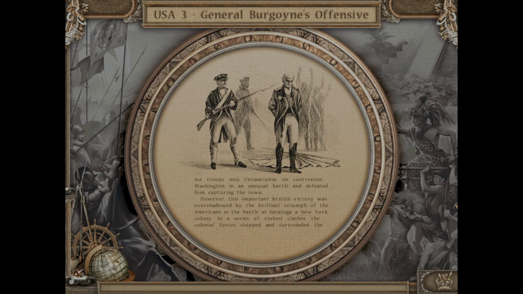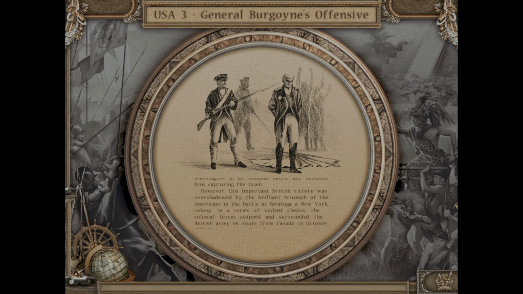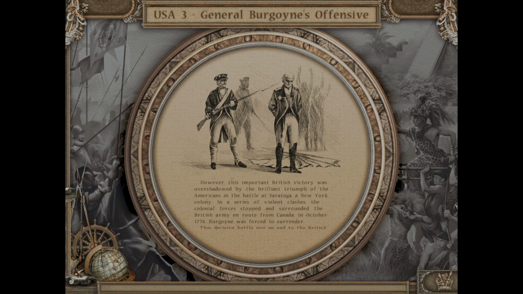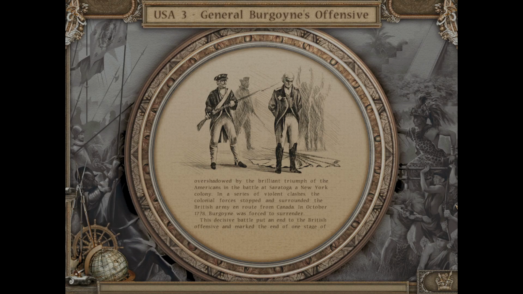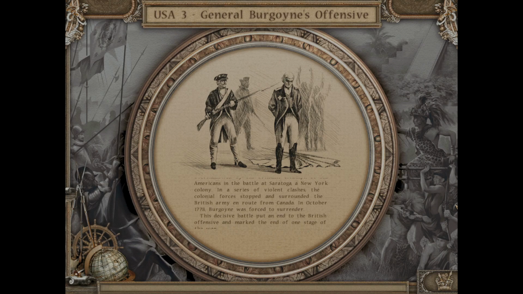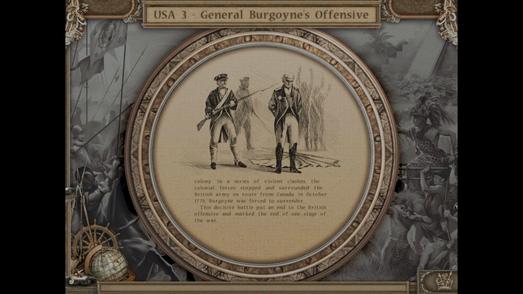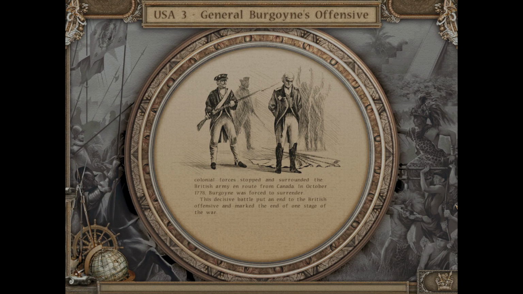However, this important British victory was overshadowed by the brilliant triumph of the Americans in the battle at Saratoga, a New York colony. In a series of violent clashes, the colonial forces stopped and surrounded the British army en route from Canada. In October 1778, Burgoyne was forced to surrender. This decisive battle put an end to the British offensive and marked the end of one stage of the war.